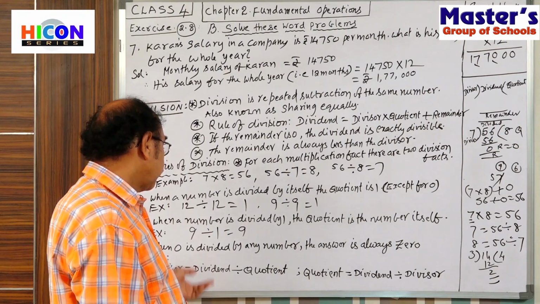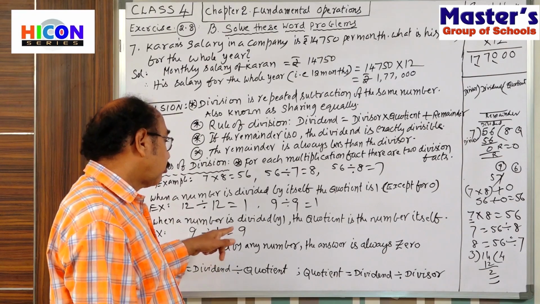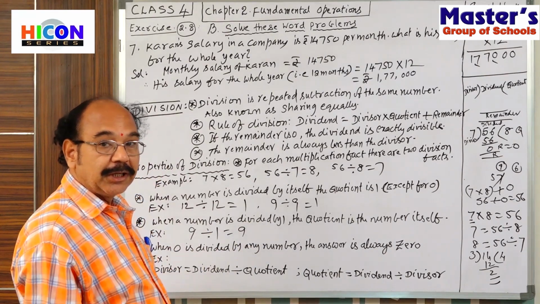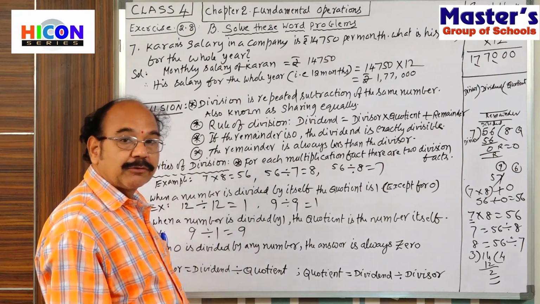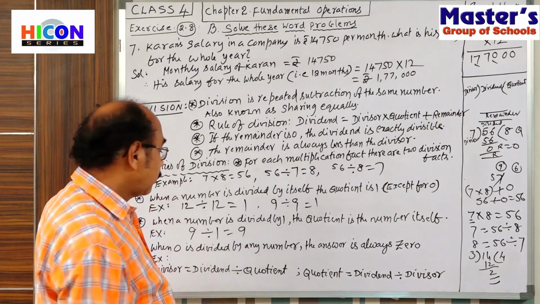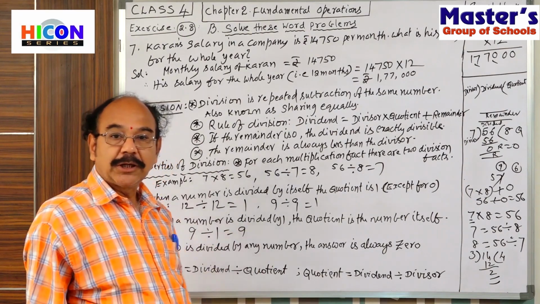That's why when 9 is divided by 1, the quotient is the number itself. That's why when a number is divided by 1, the quotient is the number itself.